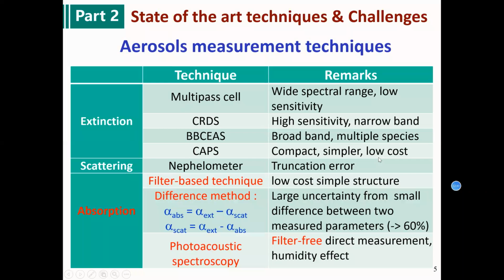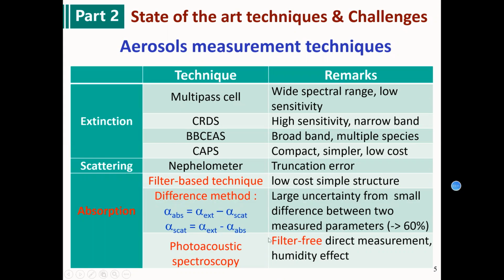A nephelometer is used for the measurement of scattering, and our work focuses on the absorption coefficient measurement. Normally, filter-based techniques are widely used for the absorption coefficient due to their low cost and simple structure. The difference method is based on the measurement of extinction and scattering. The difference is the absorption coefficient, but this method has high uncertainty when the absorption is very small.